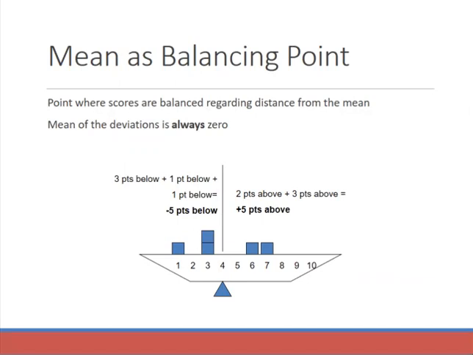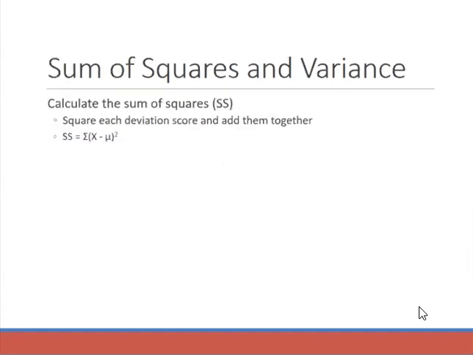You can think of this as a seesaw, and the point where the scores are all balanced in regard to how far away they are is the mean. So when you add up all of your plain deviations, they will always equal 0 because you have an equal number above the mean and below the mean.